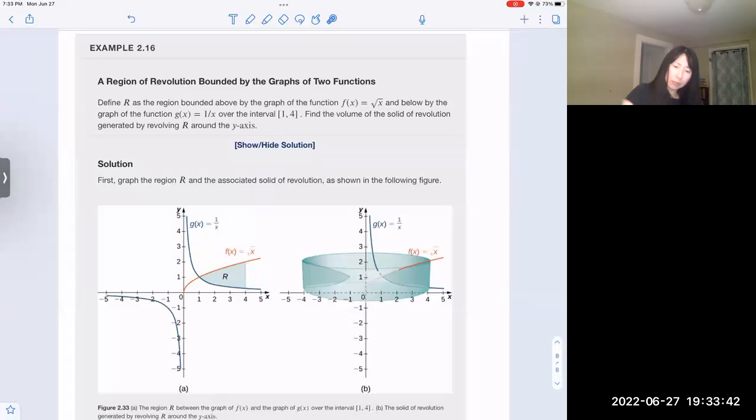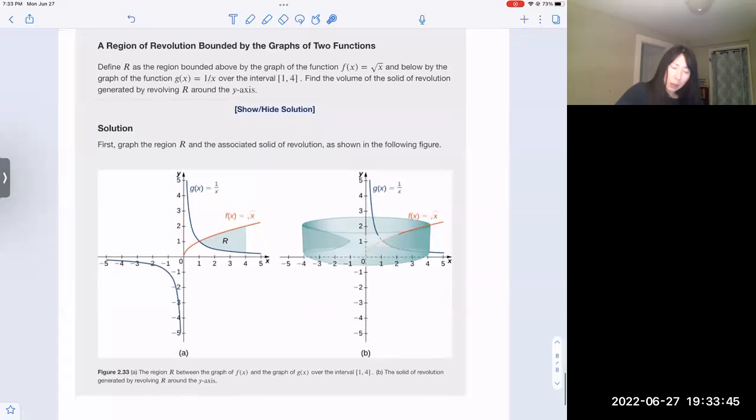Okay, so look, we have a region bounded above by this graph, which is the square root of x, and below by 1 over x. And they say from 1 to 4, and then revolving about the y-axis.